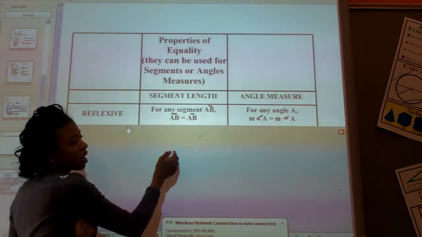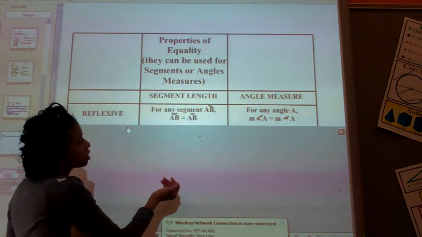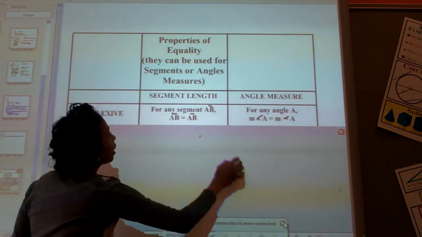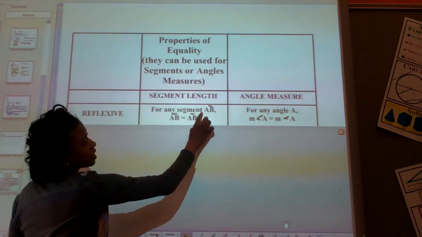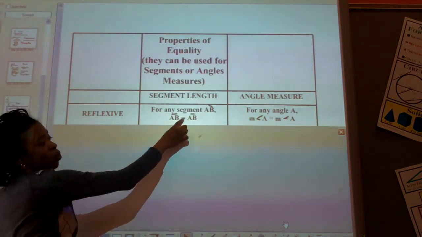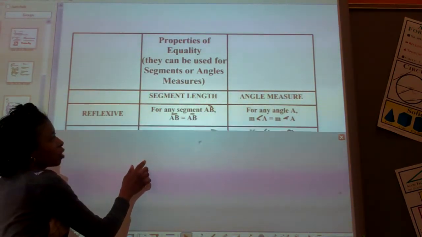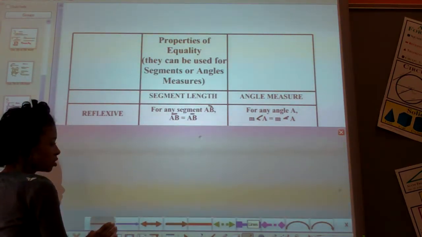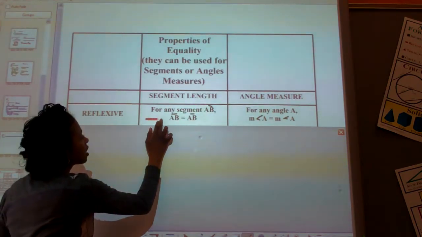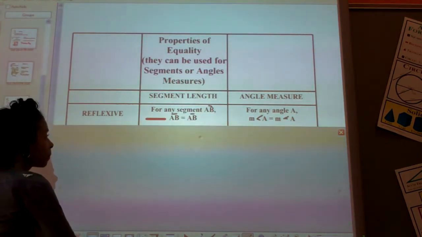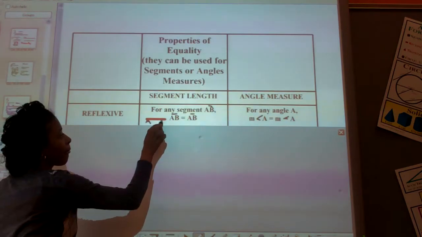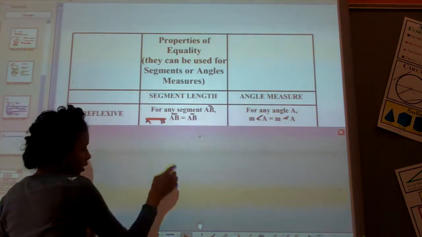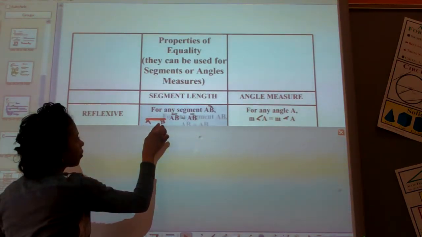Reflexive means A equals A or B equals B or C equals C. We can use that for a line segment. For example, for any segment, let's say we have segment AB, AB will be equal to itself. If I have a line segment here, say this is line segment AB, it will be equal to itself over here as well.